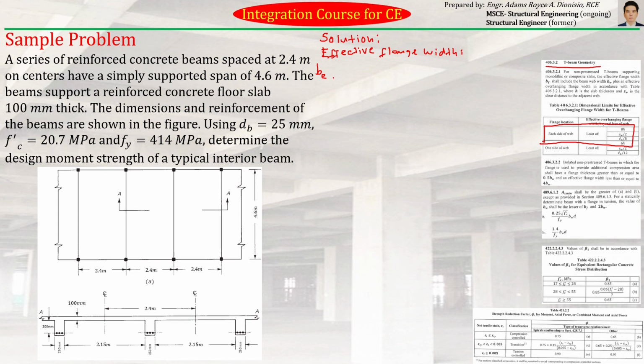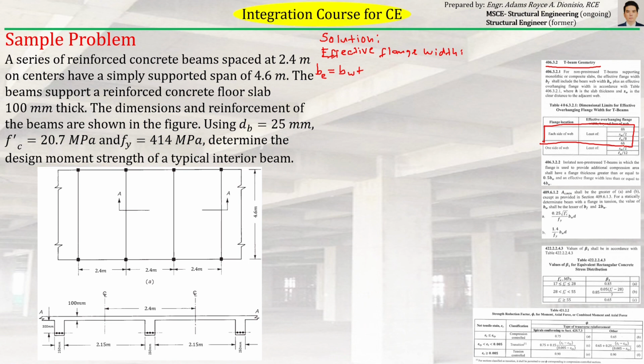Pero dito, tawagin na lang natin yung thickness as t, tapos yung effective flange width as simply b, or be, I mean. Okay, so according to the code, ang effective flange width daw is yung width ng web, bw, plus the least of this. Least of 8h, sw over 2, tsaka ln over 8. For those T-beams na may flange on each side of the web.